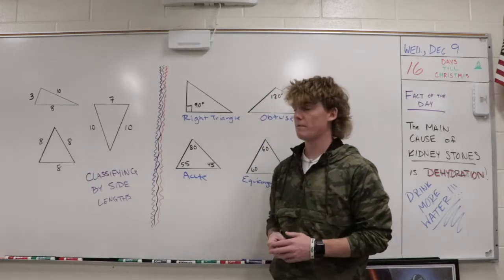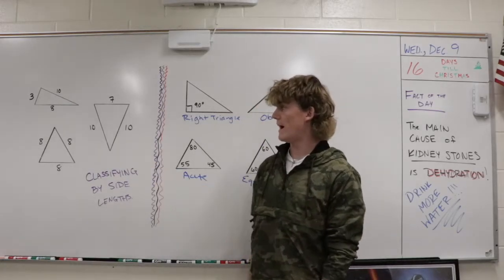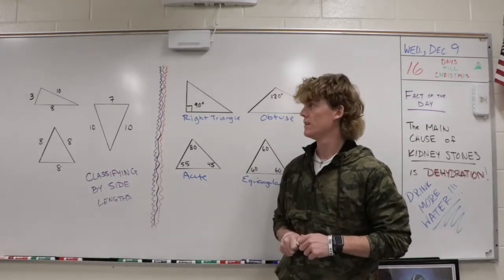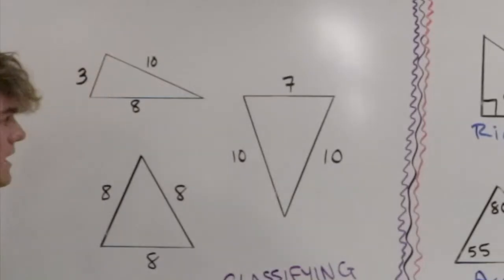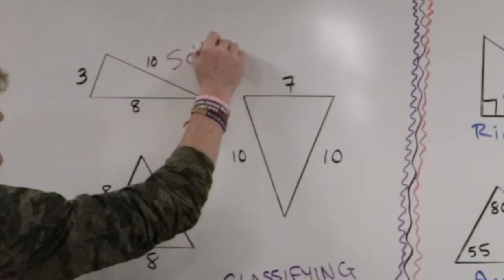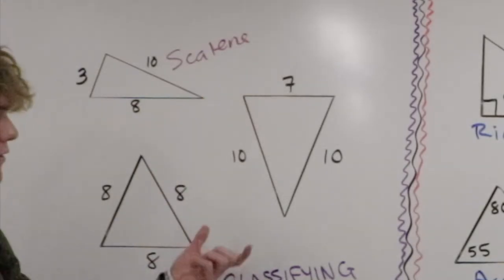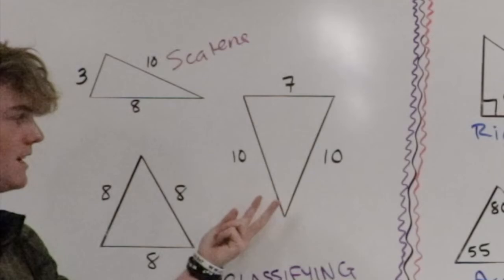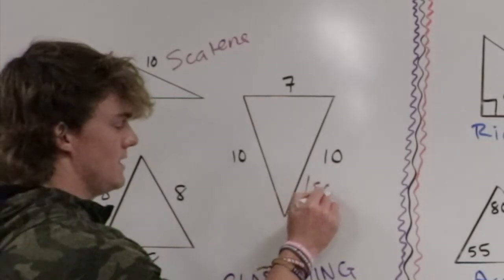All right, so now let's talk about classifying triangles by their side lengths. This is something that you're probably already familiar with, so we'll just go really quickly. If all of these side lengths are different, we call this a scalene triangle. If we have two or more equal sides, so two equal sides here, this is an isosceles.